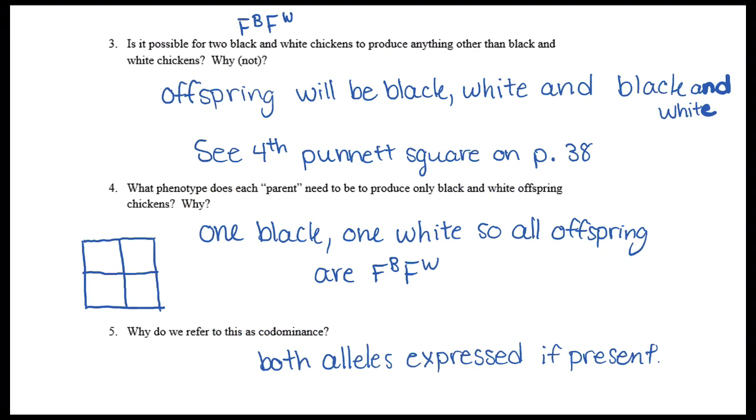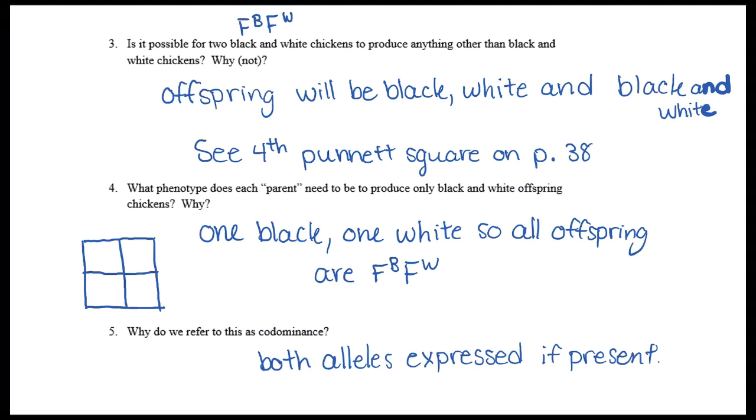For question 4, what phenotype does each parent need to be to produce only black and white offspring? So again, this is the FBFW chicken. So to have all checkered offspring, one parent needs to be black, one parent needs to be white.